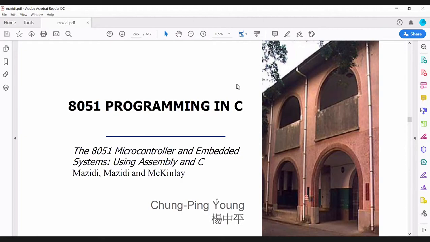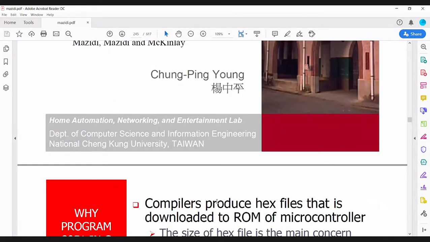Some of you might be familiar with assembly language by now, some of you might prefer assembly language, some of you might prefer C. It depends. But of course C would be very much preferable, very much easier. But there are hardcore programmers, usually the software programmers, who prefer assembly language. There are reasons. We'll see in a while. Why?